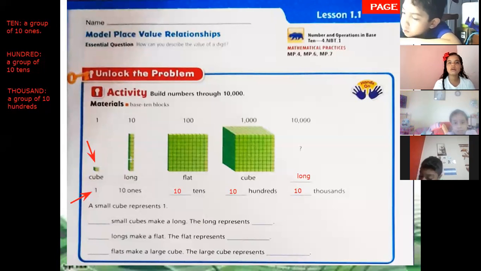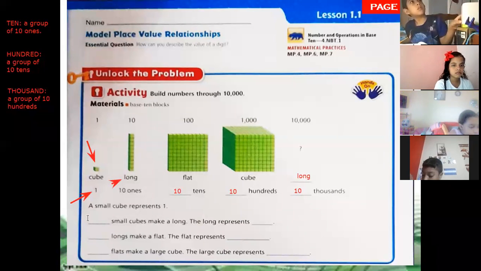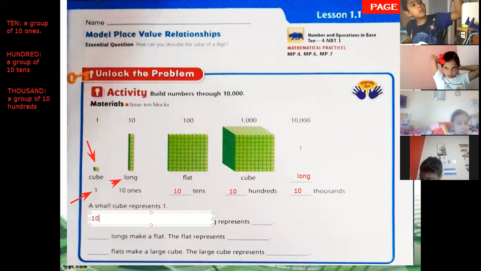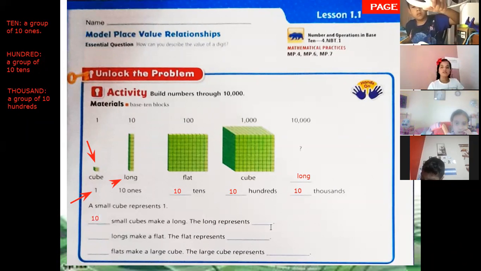How many of these cubes make a long? How many do I need? 10, exactly. So I need 10 small cubes to make a long. This long represents a group of 10 ones.